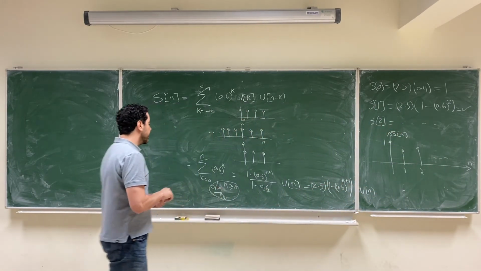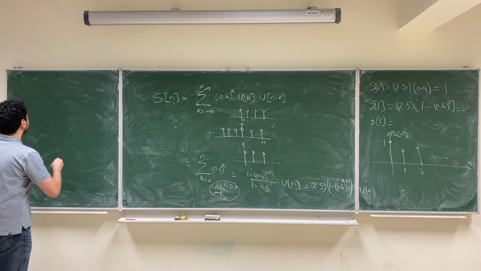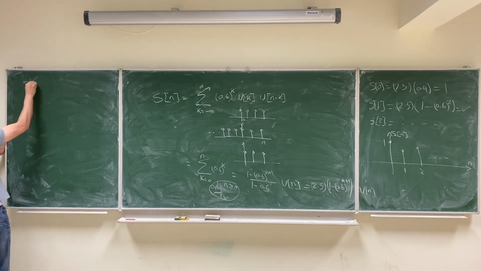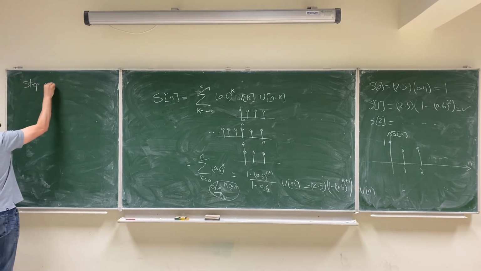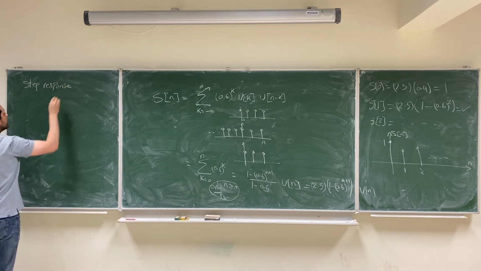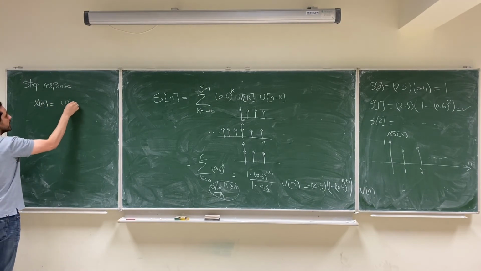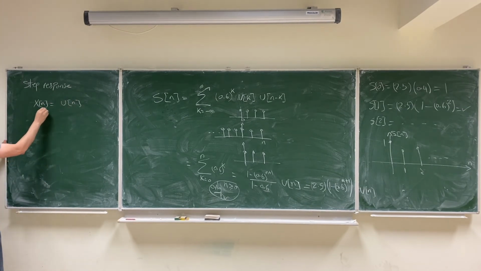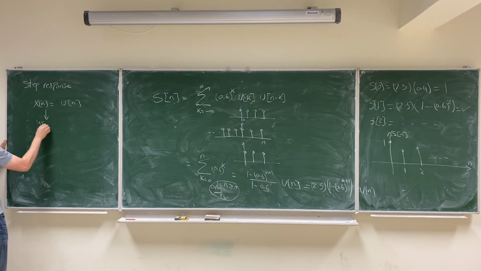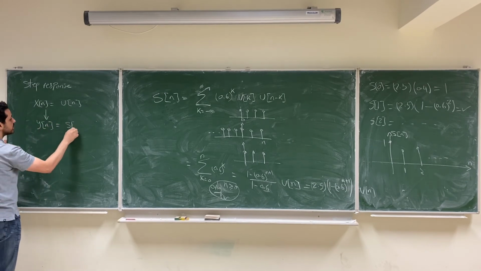In general, we can say that the step response is the output when the input is a unit step function, right? So the output in this case will be the step response.